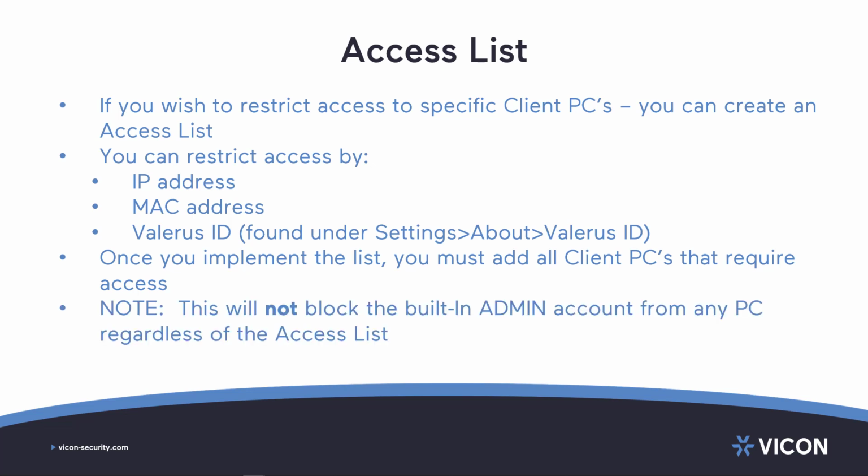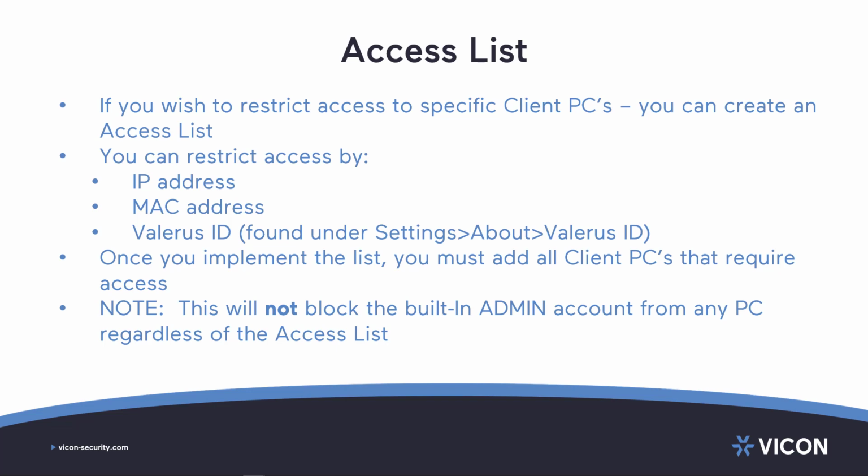But it's important to note that the access list will never block the built-in admin account from any PC, regardless of whether or not that machine is in the access list or not. This is a sort of a built-in, I don't want to call it a backdoor, but a failsafe, so that you don't accidentally lock yourself completely out of the system.